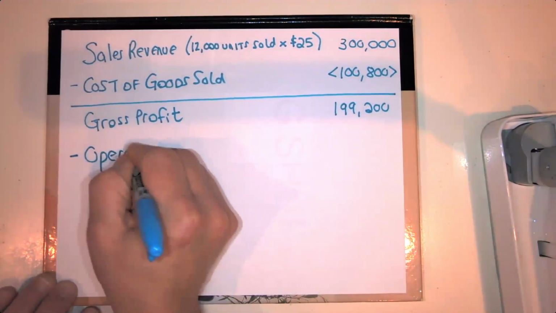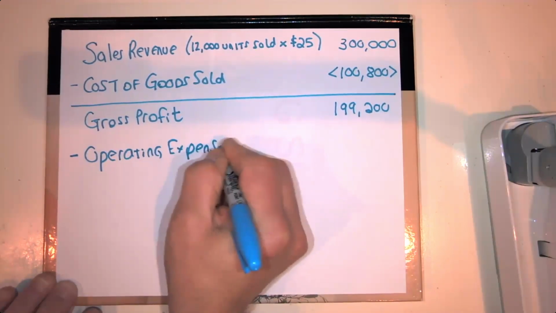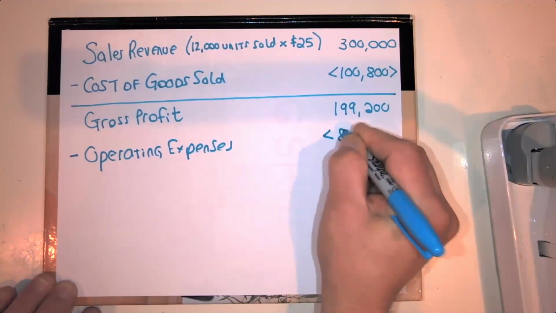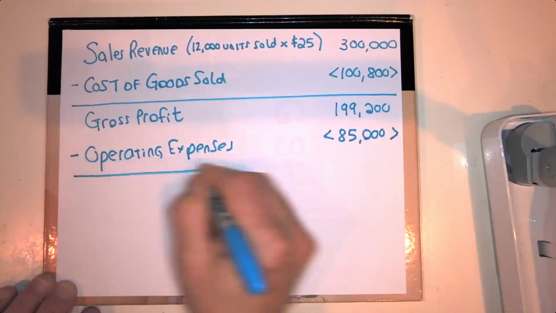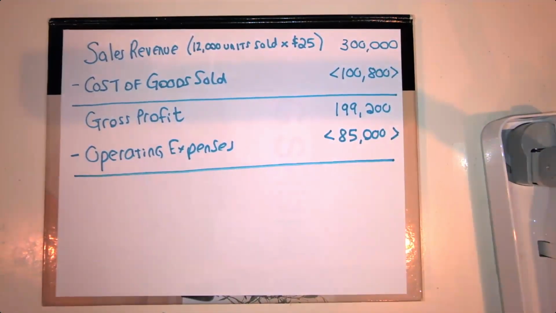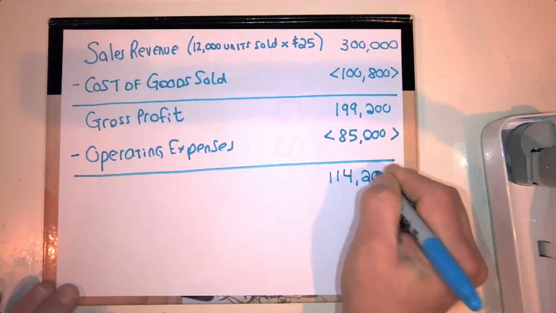So we'll subtract the operating expenses, 85,000. And that will give me here 114,200.